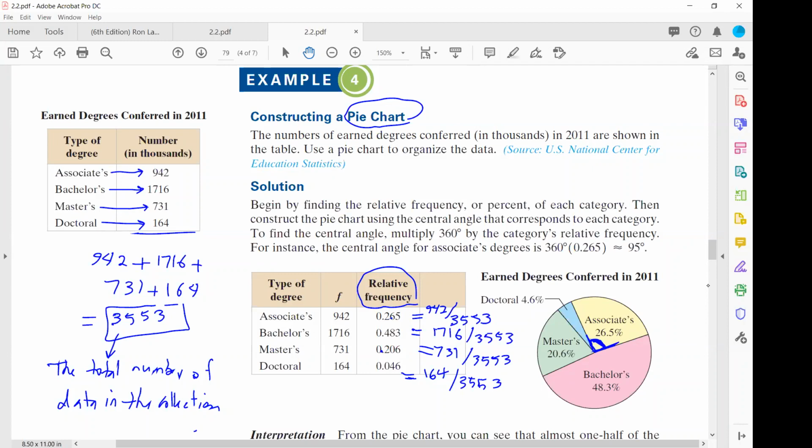You can multiply each relative frequency by 360 degrees to find the degrees for each category. As long as you form your relative frequency, you are getting the exact same count for each category, which gives you the exact same thing by using the angle.